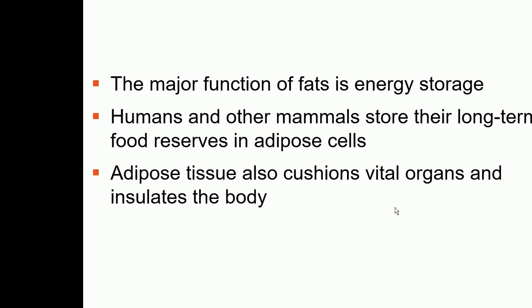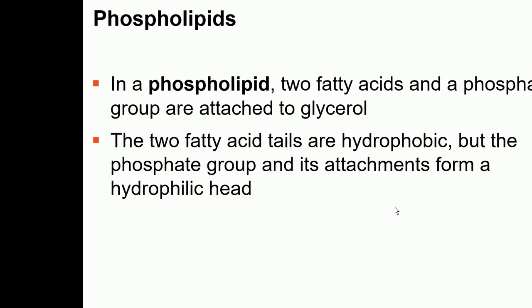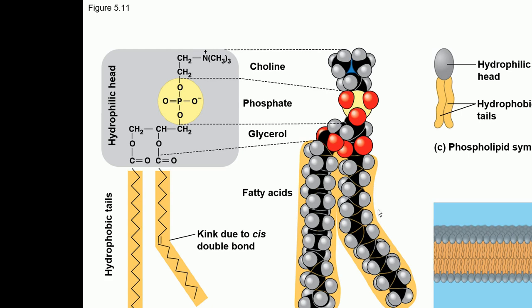So basically these phospholipids in the glass of water are going to arrange like this, because in the glass of water there is water on every side. So this end of the phospholipid can face water, but this side cannot face water.